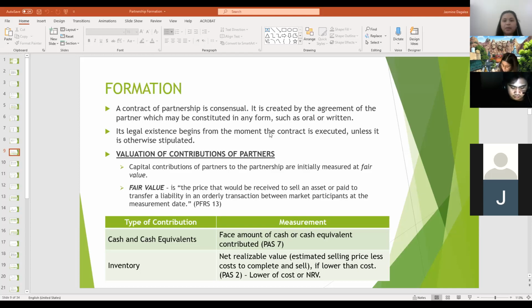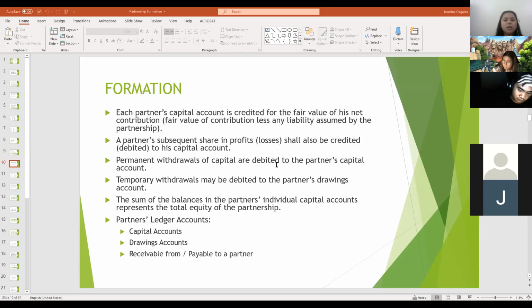So you have to take note of this item. When you will be answering problems, alam nyo how to value the initial contributions of each partner. Pag nag-contribute sila ng inventory, you value lower of cost or NRV. So each partner's capital account is credited for the fair value of his net contribution.